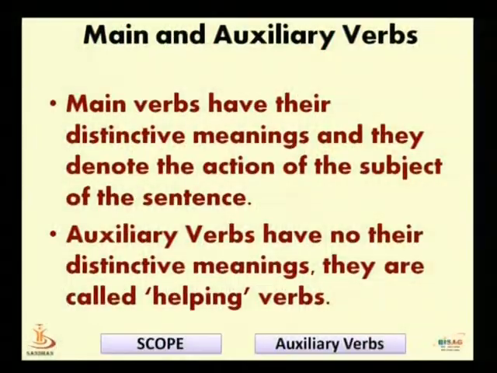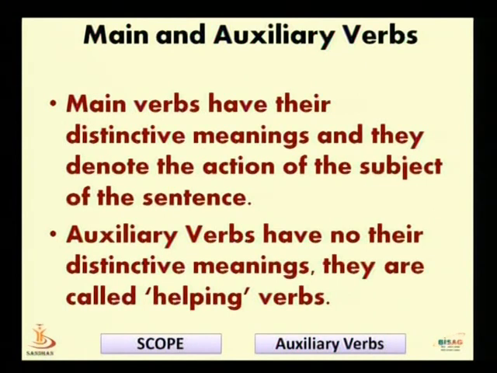In the next slide, I would like to show something more about that. I have clarified how the main and auxiliary verbs differ. As you can see in the slide, main verbs have their own distinctive meanings and they denote the action of the subject. That is the prime condition of the main verbs. They are bound to have meaning, and they denote the action or movement done by the subject of the sentence.